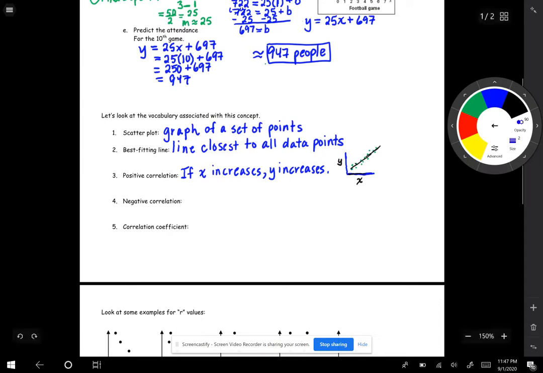Okay, the next vocabulary word is negative correlation. If x increases, y decreases.